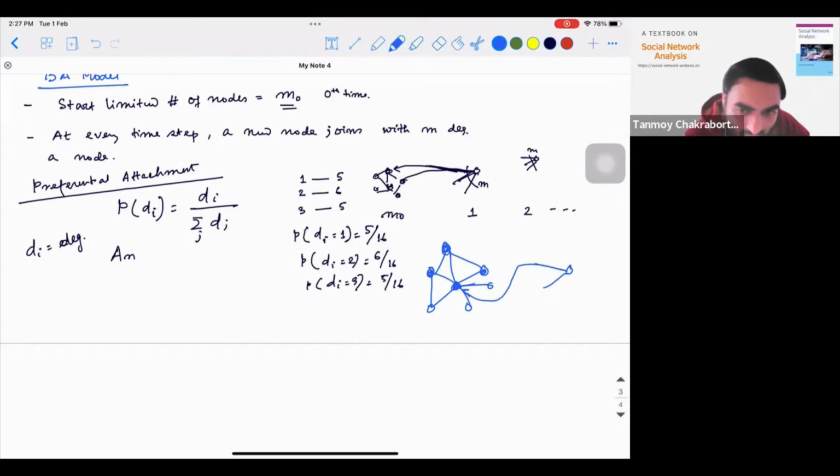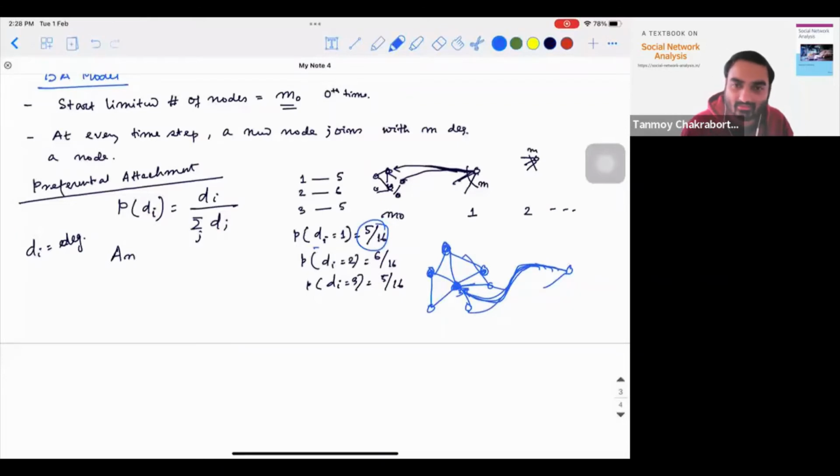Now, it is highly likely doesn't mean that every edge will always be connected to this node. It's a probability. So with probability, say, 5 by 16, for example, this edge will be attached to this node. With probability 1 minus 5 by 16, this edge will be attached to other nodes.